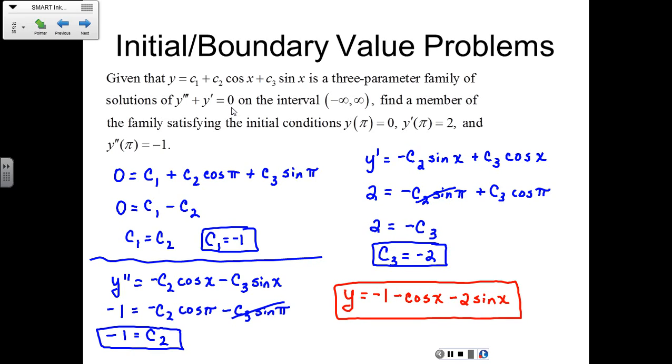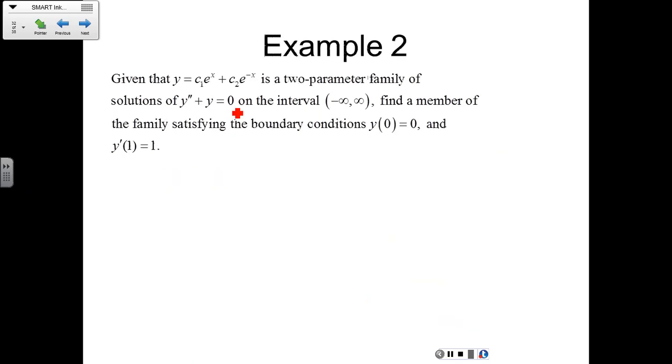That's the initial value problem. This one's a boundary value problem. What's the difference? Y of 0 equals 0, y prime of 1 equals 1. So different x values. Different x values makes it a boundary value problem instead of an initial value problem. Same concept though. Okay? Same concept.